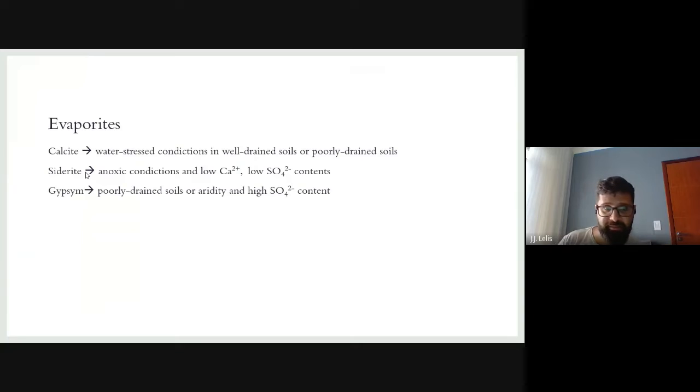In this case, you can combine and form siderite, iron carbonate, and in this specific case, we had a low calcium content, a low sulfate content, and anoxic conditions, because anoxic conditions favor the formation and stabilization of iron 2, not iron 3.